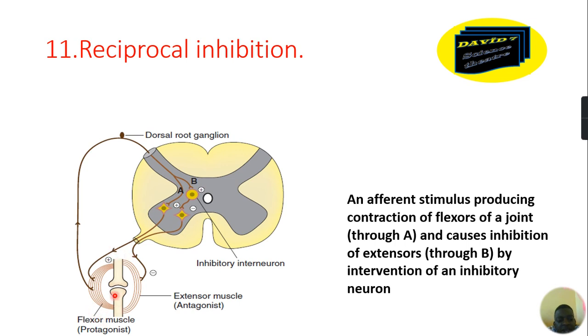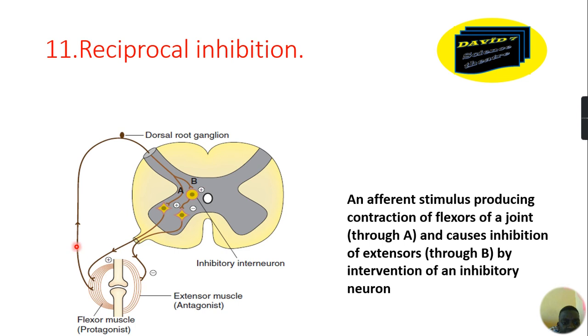If I have this as the flexor muscle, call it the agonist or protagonist, and I have the antagonist here, and impulses going to the dorsal horn cells, these activate the flexor muscle, but also send collaterals to the interneuron, which is inhibitory in nature, and this inhibits extension of the muscle.